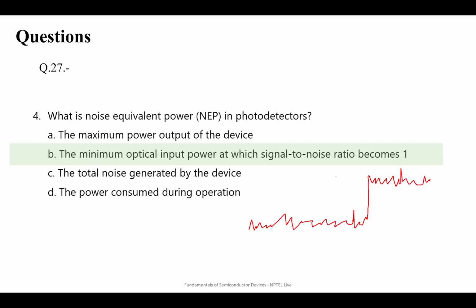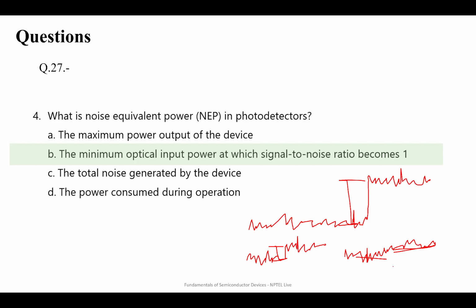So I'm able to see a difference between this and this. But for some power, this will be my signal in the off case and this will be my signal in the on case, and here also I may be able to detect the change. But for some even smaller power, I won't be able to detect between the off condition and the on condition.